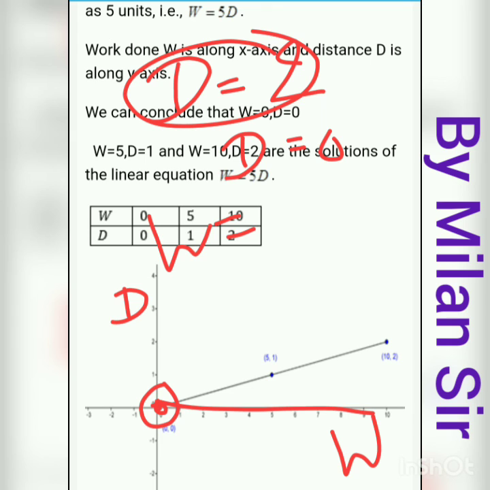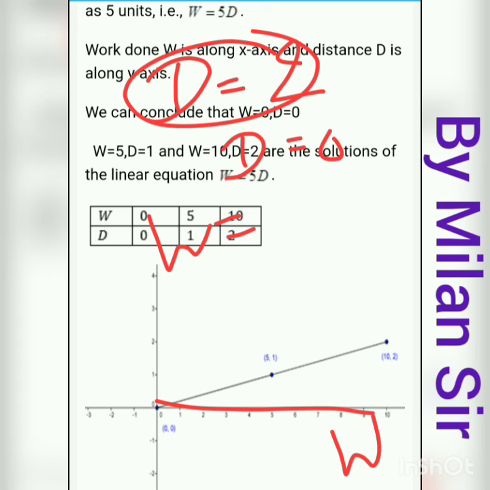If D is equal to 0, then W is also 0. First of all, we need to generate one equation, and from the equation we can draw the graph, and from that graph we can give the answer. Now D is 0, it is here at the origin, so your W is also 0.